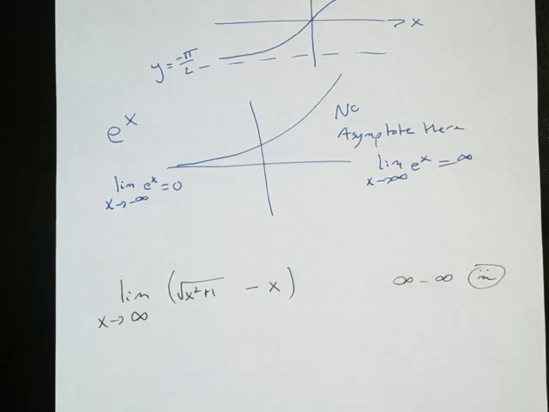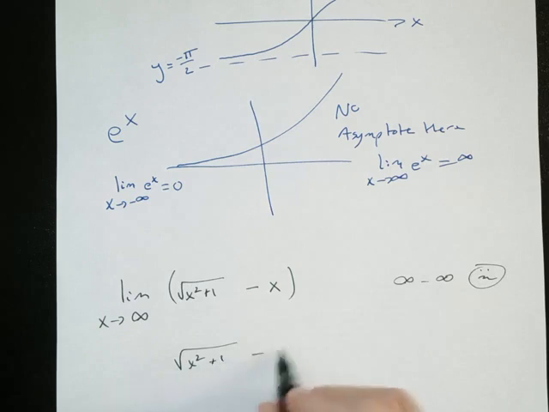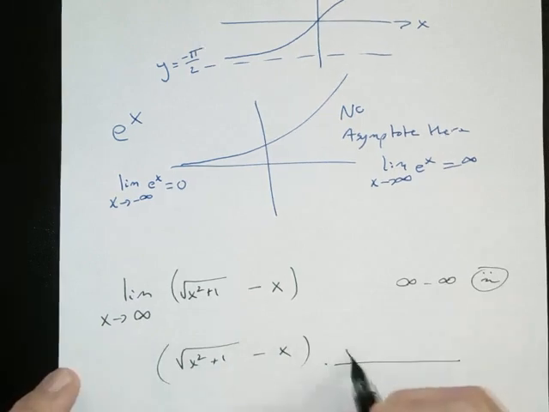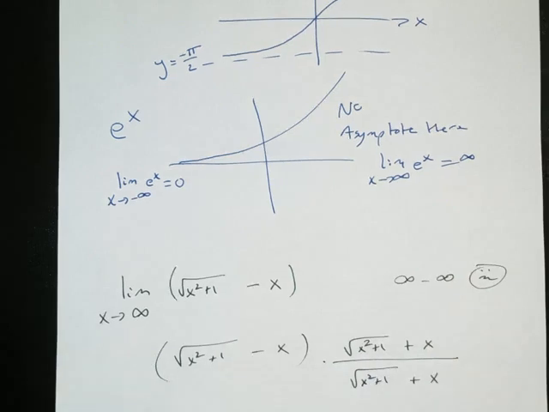But what I could do is play the algebra trick we played with the square root and the number previously. I can multiply by 1. And I use the square root plus x. That turns what looks like a subtraction problem into a division problem.